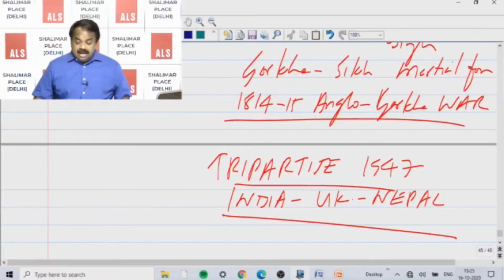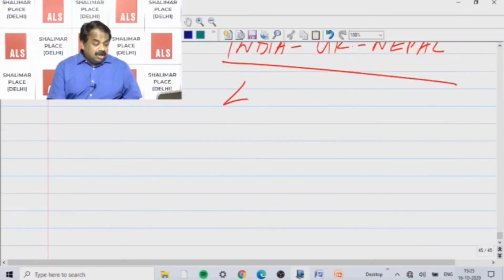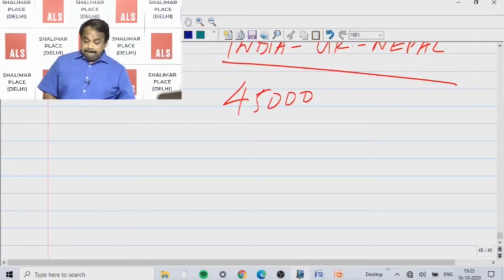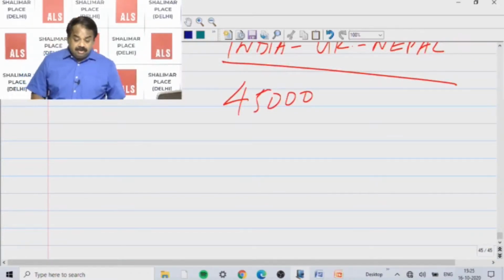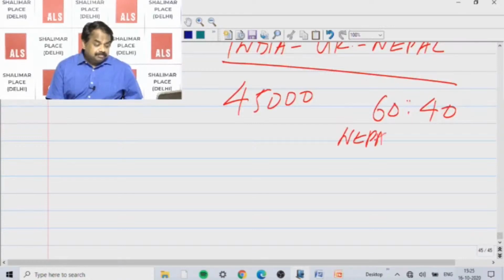In India, the Gurkha regiment has around 45,000 army personnel and 43 infantry battalions. Right now the formula is 60-40: 60% Nepalis and the rest, 40%, Indian domicile Gurkhas.